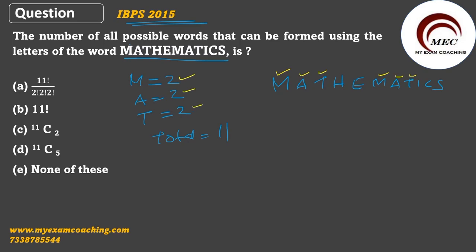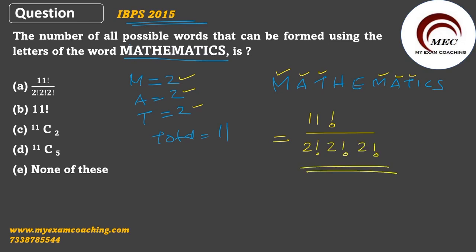Whatever repeats will come in the denominator and the total will come in the numerator. So this answer will be equal to total, that is 11 factorial, divided by the repetitions. M is 2 times, so 2 factorial. A 2 times, again 2 factorial. T 2 times, again 2 factorial. This is the answer.